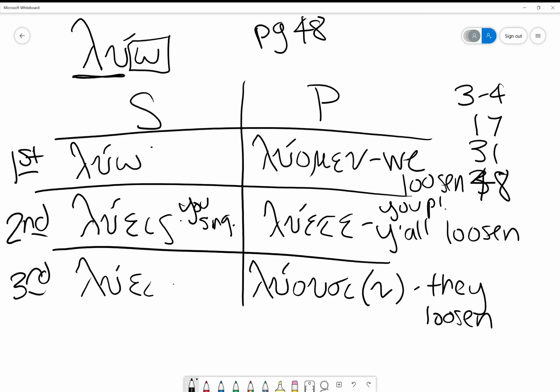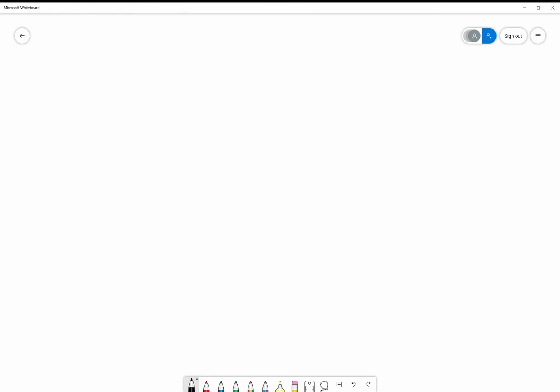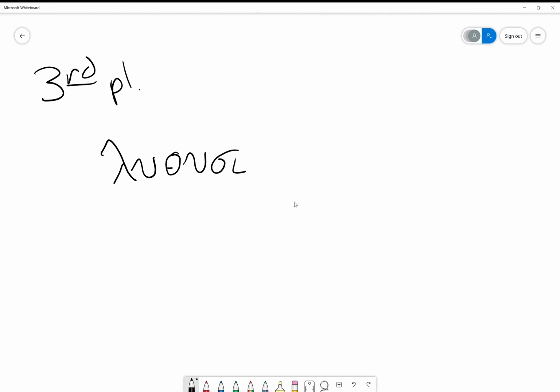So we also have one more thing we need to talk about real quick, and that's what's going on with this one here. So I'm going to go ahead and erase it. This is the third person plural that has something funky, right? So here's our root. I drew a dash, but I'm going to write over it anyway. Lusi, right? Sometimes we have, these are parentheses, okay? Sometimes we have this thing called a movable nu. So you will see lusi in a text.